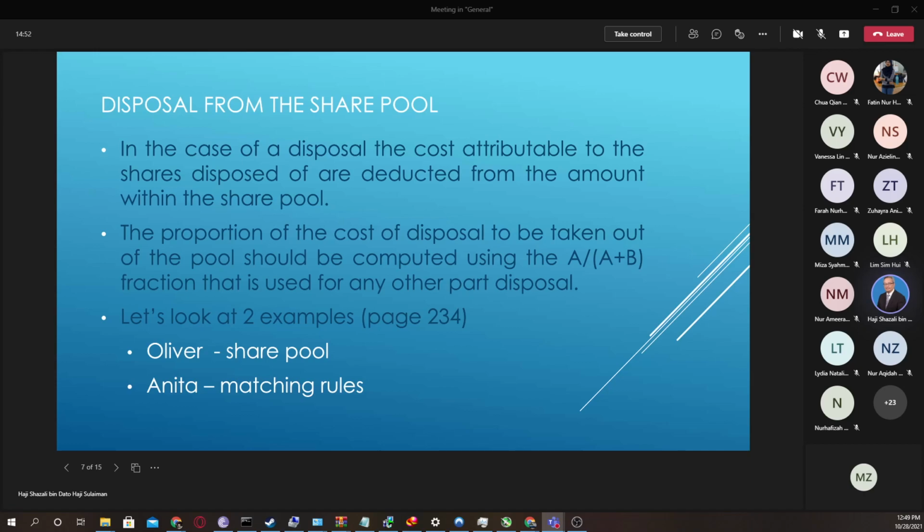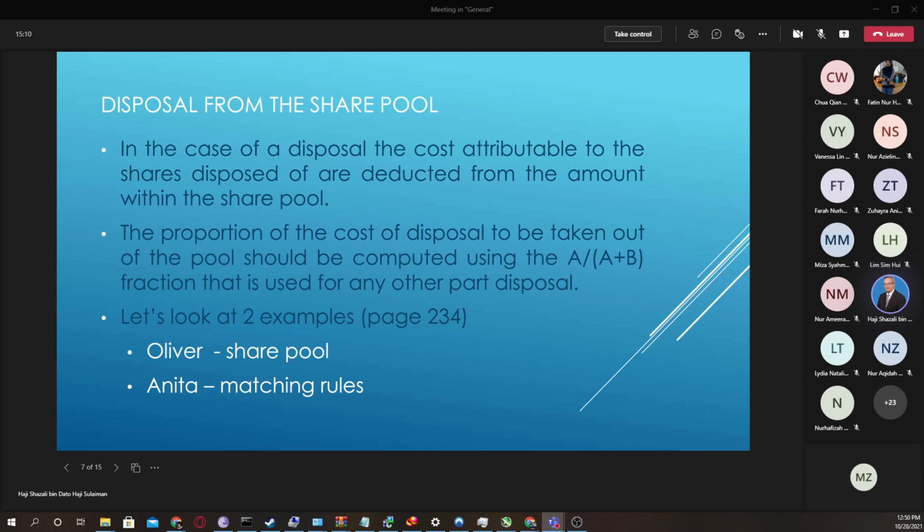In order to calculate your gain or loss, you need to have proceeds. Proceeds proportionate: 3,100 divided by 4,000 times 16,400, less the cost, which is the working shown below. You have a gain of 4,296.